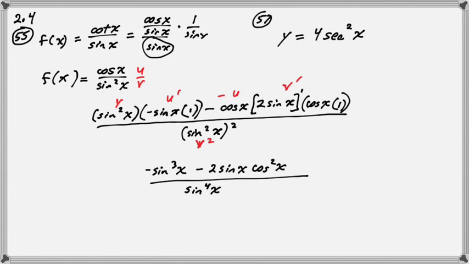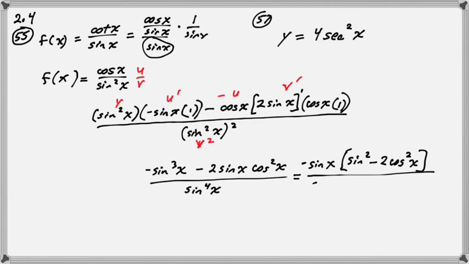Can you factor a sine out of the top? Or even a negative sign, I don't know. If I take a sine out, what would I have on top? You would have a negative. Let's take the negative out just to make them positives. So if I take the negative out, would that leave me with sine squared minus 2 cosine squared?